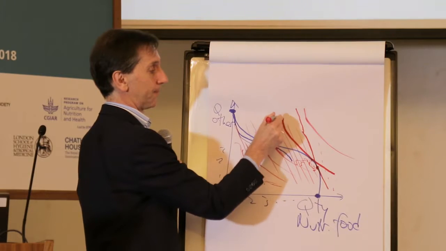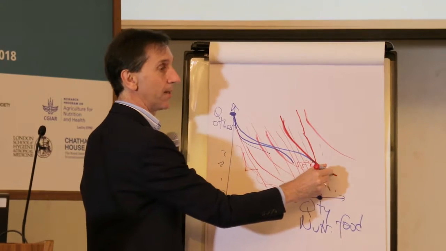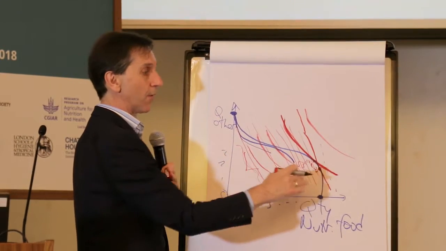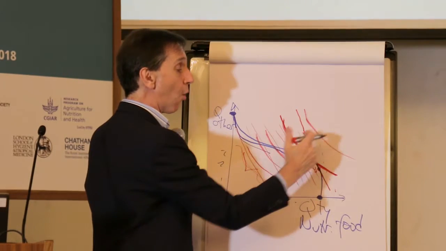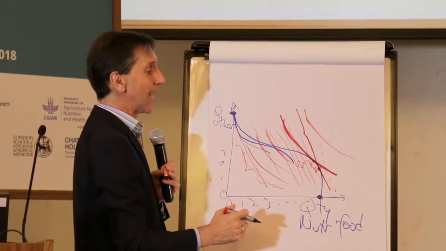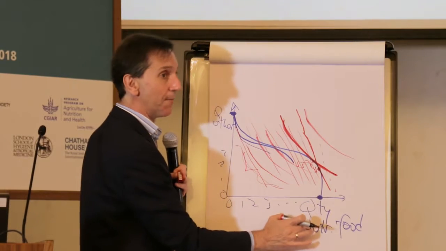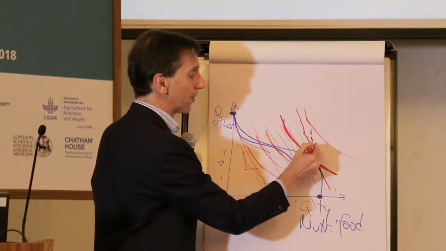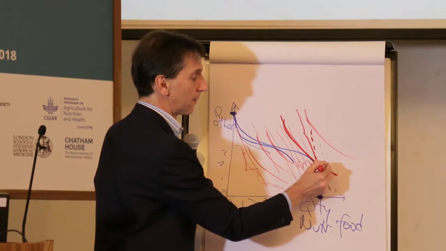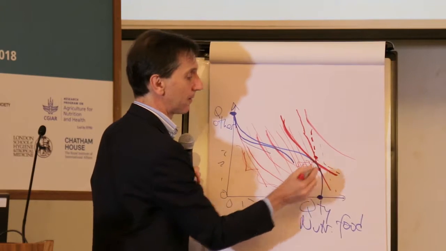This is my previous indifference curve, and the new indifference curve they can reach is higher. So imagine if this household really, really loves milk or loves fish. This might be their indifference curve. And they would go here.